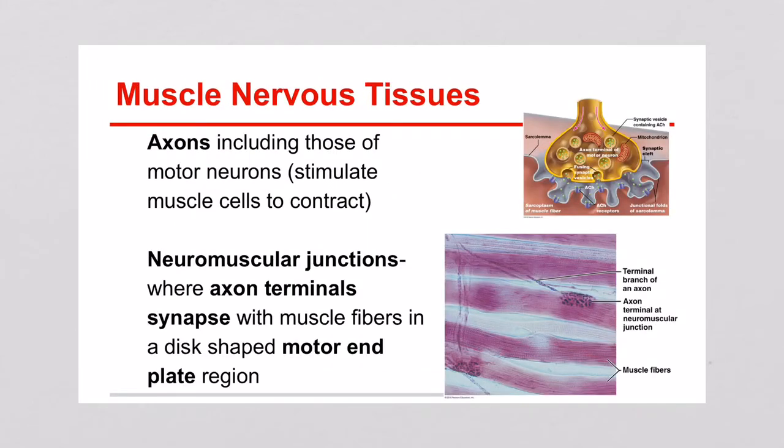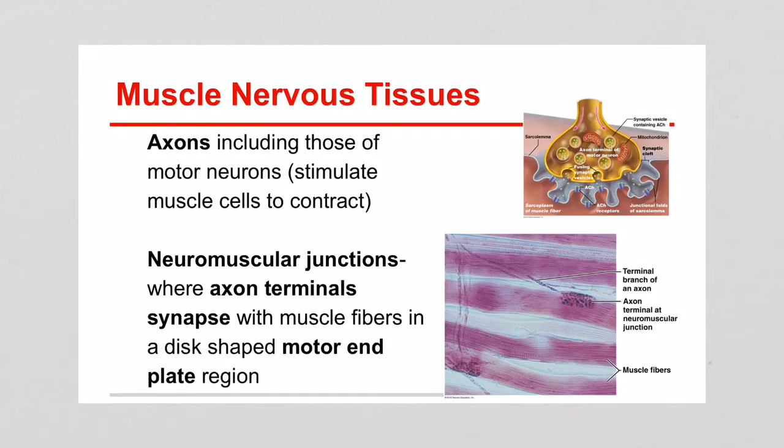And so just to tie this all together, we're going to go back to that neuromuscular junction that we've seen so often this semester, and now look at it from the muscle's point of view. So we're familiar with this axon terminal releasing neurotransmitters, and in this case it's going to be acetylcholine.